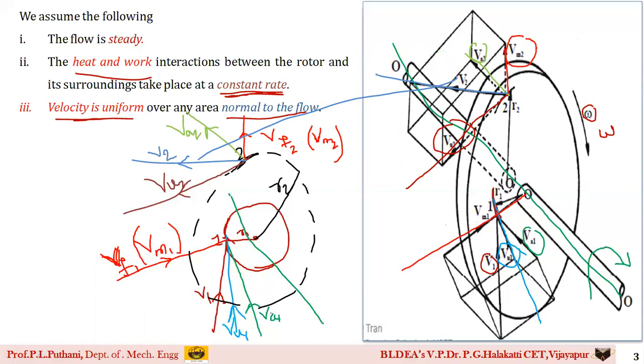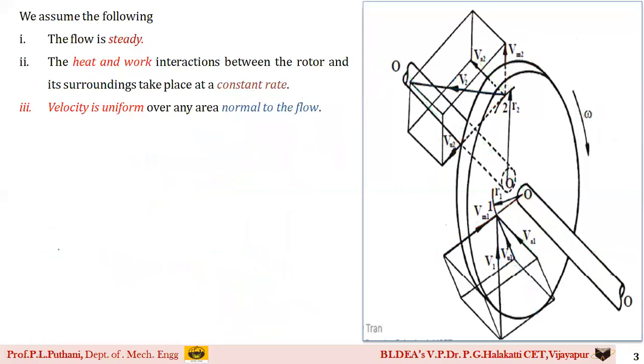In this way, we are analyzing the velocity components at the inlet velocity triangle as well as the outlet velocity triangle. Please remember, from now onwards in turbomachines, the components with suffix 1 are with respect to the inlet velocity triangle, inlet velocity components.